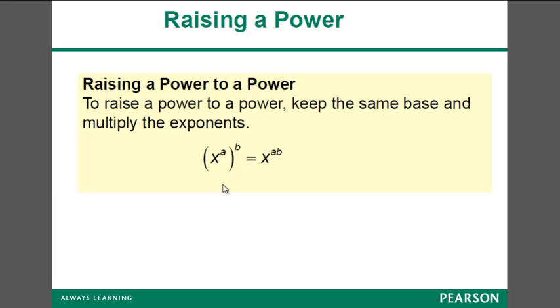I now want to look at if I have a power raised to a power. I always keep the base just like I have been in everything else, and I want to multiply my exponents. So in this case I'm going to have x to the 8th power raised to the b power is equal to x to the ab.